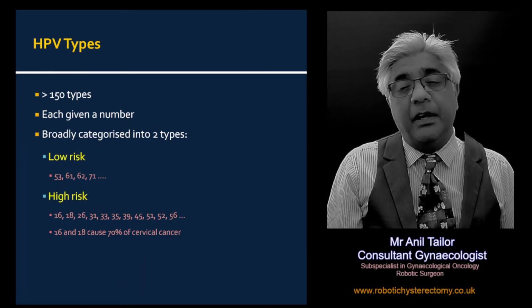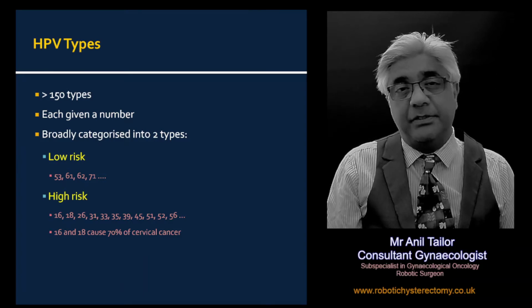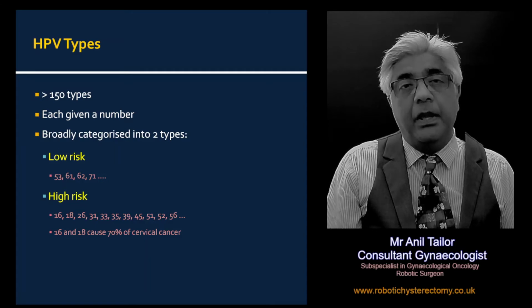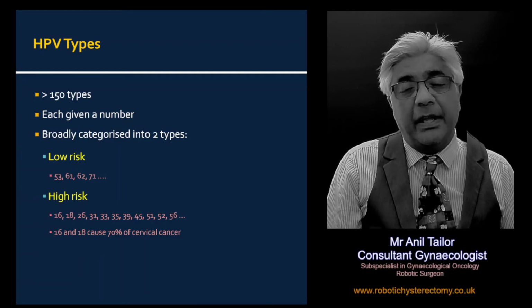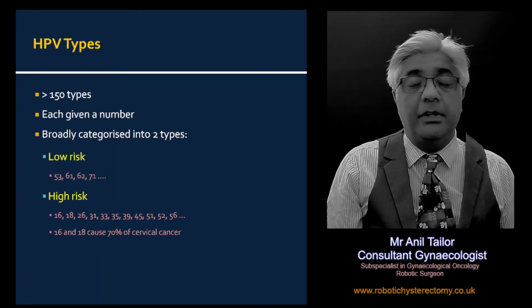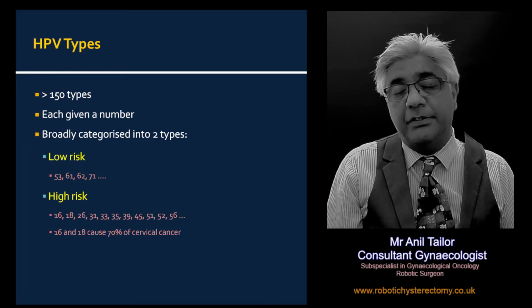So HPV, there are many, many different types and subtypes of HPV, more than 150 types. And they're each given a number. And they're broadly categorized into 2 types, the low-risk type or the high-risk type.